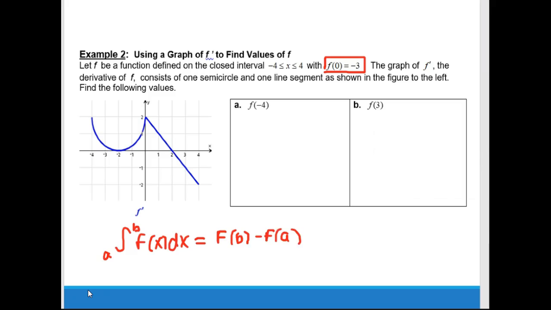So in this case, my f of b is -4. So what we're going to do is take that f of a, which is 0, and kind of add it to this. So this is the integral from -4 to 0 of f prime of x dx, which says that equals f of 0 minus f of -4.